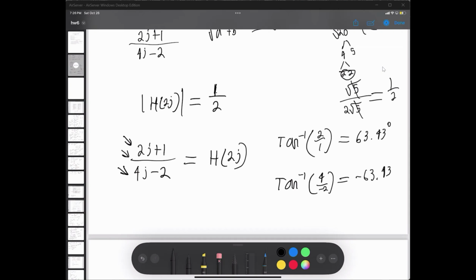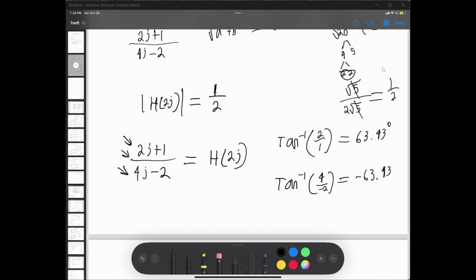However, the inverse tangent can only give us angles limited to certain quadrants, depending on where it is. So it's good to check your work.